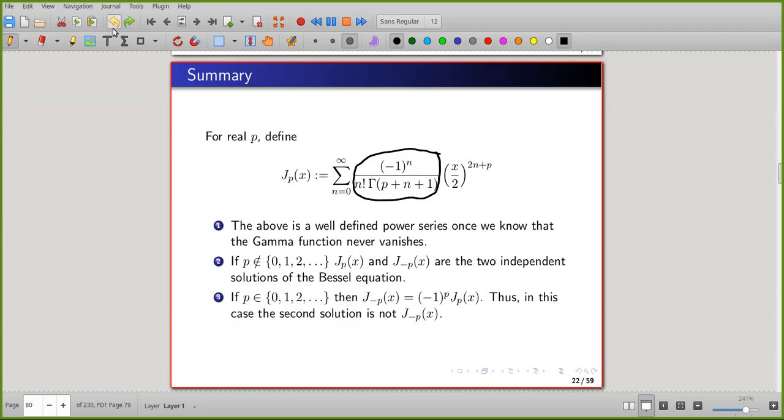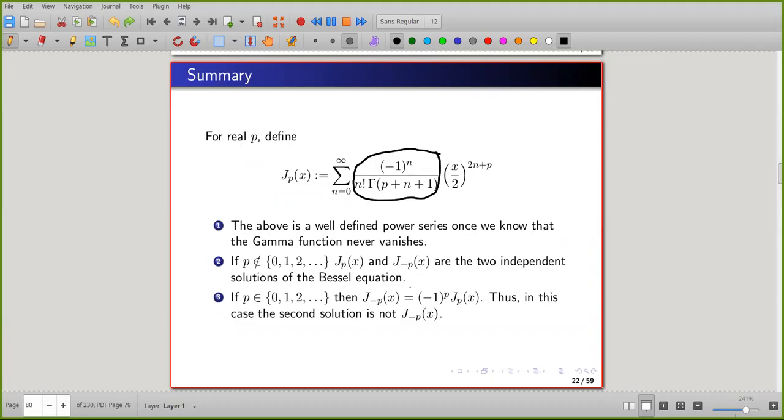But I had stated the theorem that the gamma function never vanishes. So the above is a well-defined power series once we know that the gamma function never vanishes. If p does not belong to 0, 1, 2, and so on, then J_p(x) and J_minus p(x) are the two independent solutions of the Bessel equation.